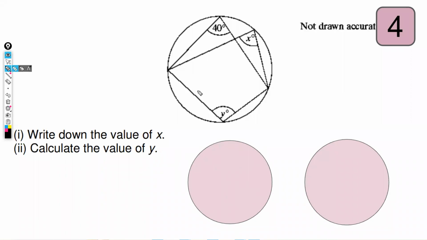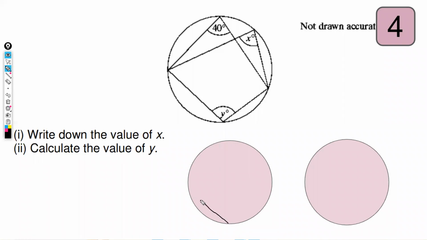So what I'm going to do, I'm going to separate this diagram into two diagrams. Here's what I'm going to do. I'm going to start off with him, draw here, draw up to here, and come back down here and go back. I'm going to forget about x for the time being.